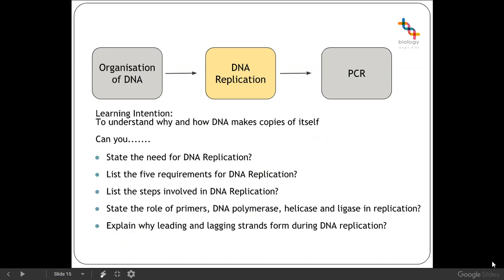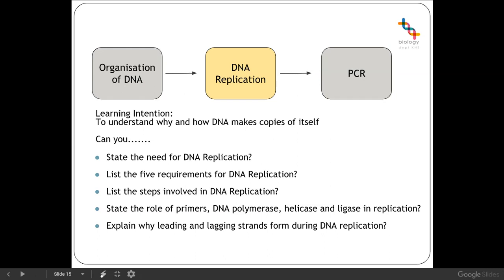So from that, you should be able to explain that we need DNA replication in order to copy the genetic material of a cell so that new cells have exactly the same information as the parent cells do. That for DNA replication to occur, we need our original DNA template, we need primers and enzymes, we need ATP energy, and we need a supply of free nucleotides.